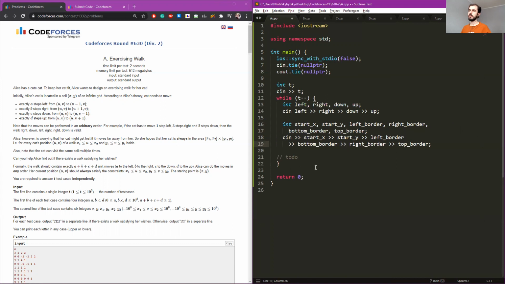So, she wants the cat not to leave that rectangle. Obviously, the X and Y axes are independent, so it should stay inside of each of these separately. We can check it.